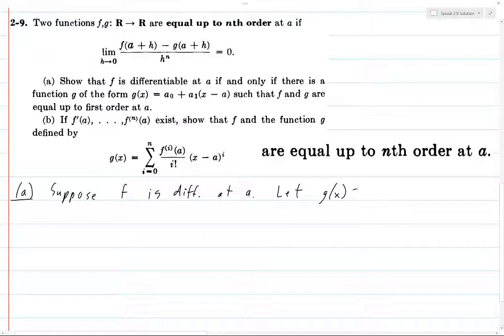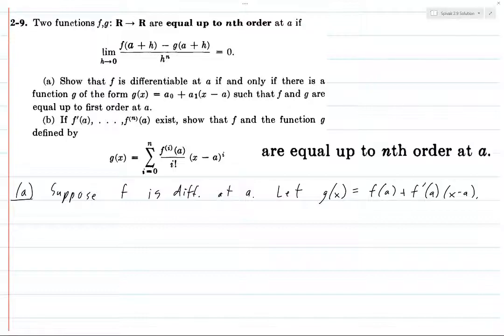So g of x is going to be f of a plus f prime of a times x minus a. And this should look familiar because what is this? This is precisely the equation of a tangent line to f at a, if you work everything out.